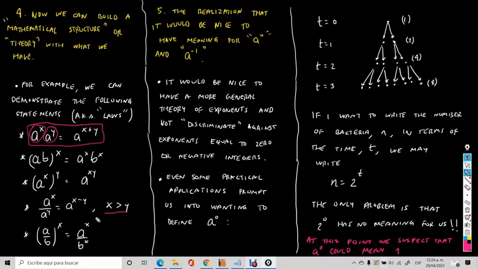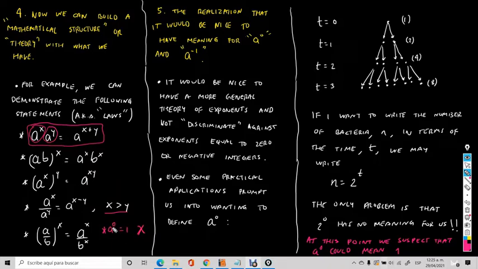Okay, but if somebody said, guys, hey, I have a proof that a to the 0 is equal to 1. I mean, you don't even have to hear anything else. If a person says, I can demonstrate that a to the 0 equals 1, you need to stop this person right there and ask him, what do you mean by a to the 0?